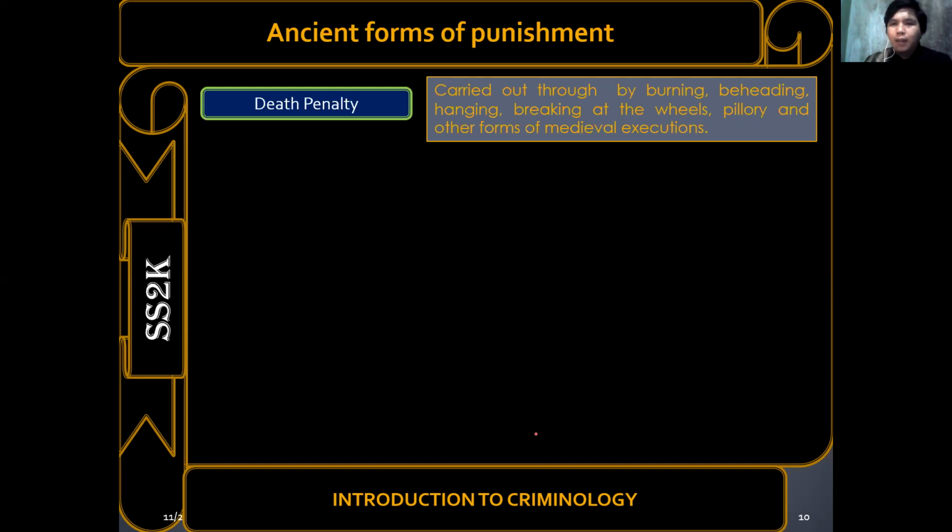Yan yung mga old type of death penalty. Pagsunog, beheading, pagtanggal ng ulo. Hanging, breaking at the wheels. So, pillory, and other forms of medieval executions. Okay? Andiyan yung tutuhugin ka. So, death penalty po yan, mga kapatid.